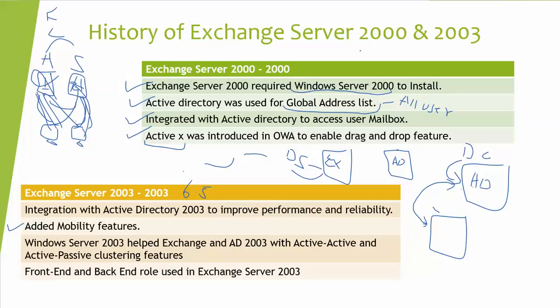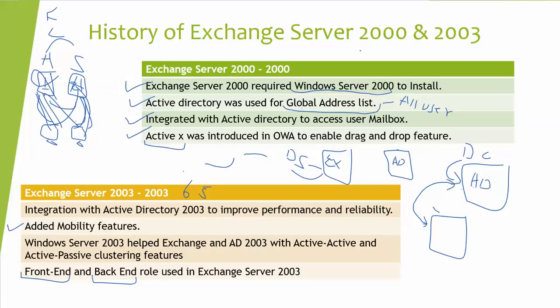And one of the other good things that was introduced in Exchange Server 2003 was front end and back end server roles. The front-end server role was responsible for mail flow. At that time, it was used for mail flow.